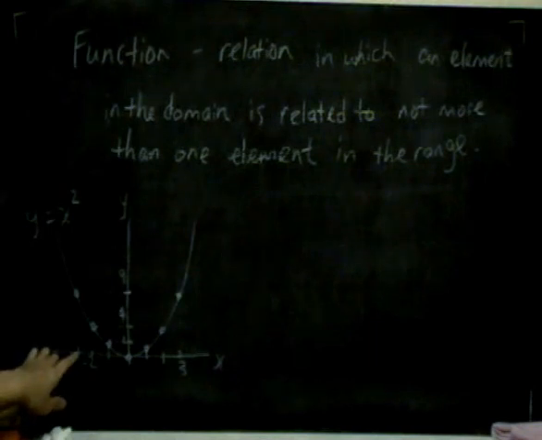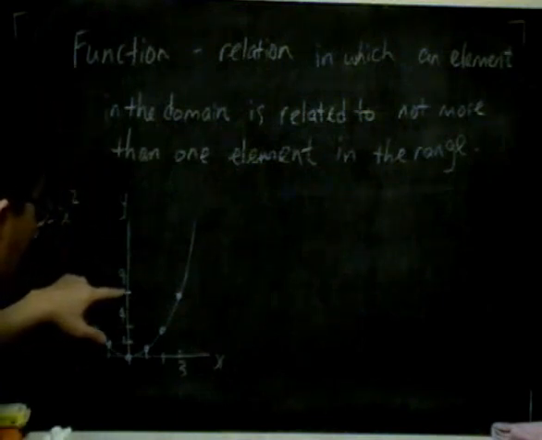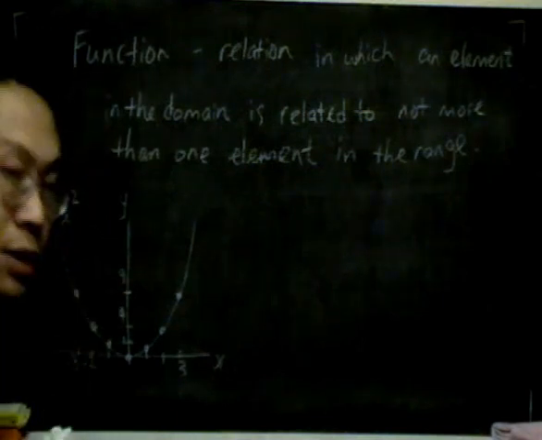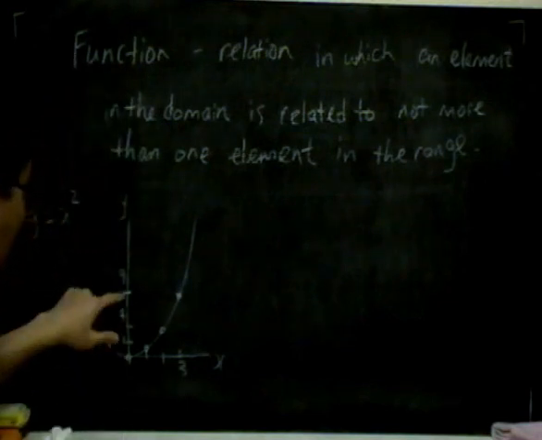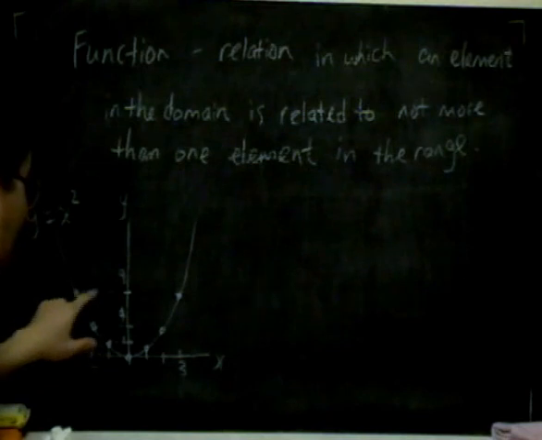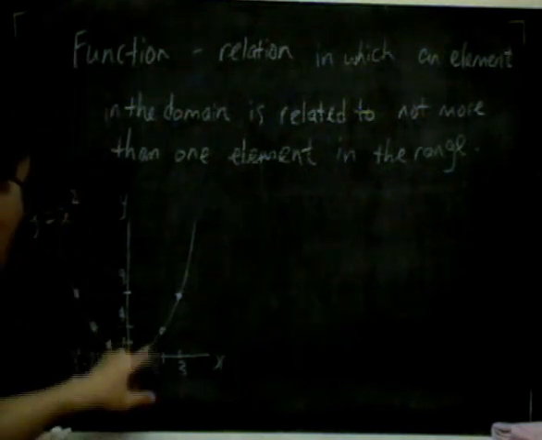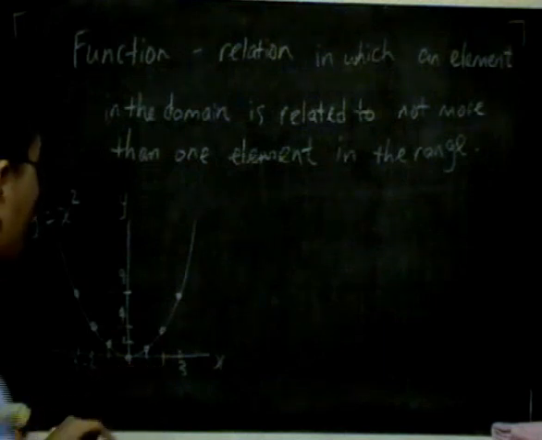At -3, to obtain the y value, we move up vertically until we hit the curve, and then we go horizontally to the y-axis to read off the value. And clearly, there's only one way to do that. And if you try it out for all the other points, you will find the same.